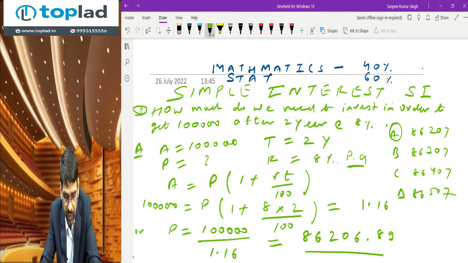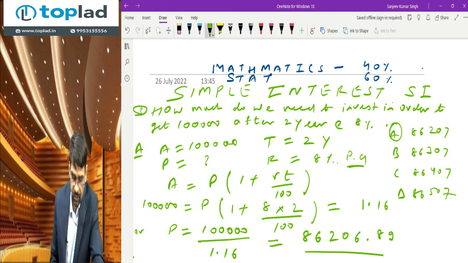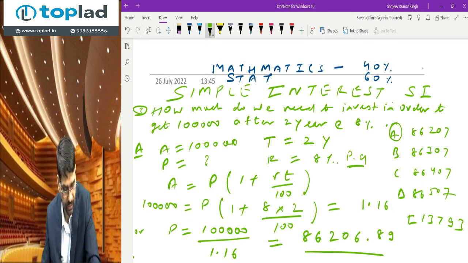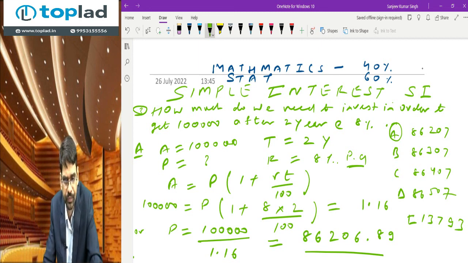So if you talk about the interest part, your interest is 13,793. 13,793 is the interest.